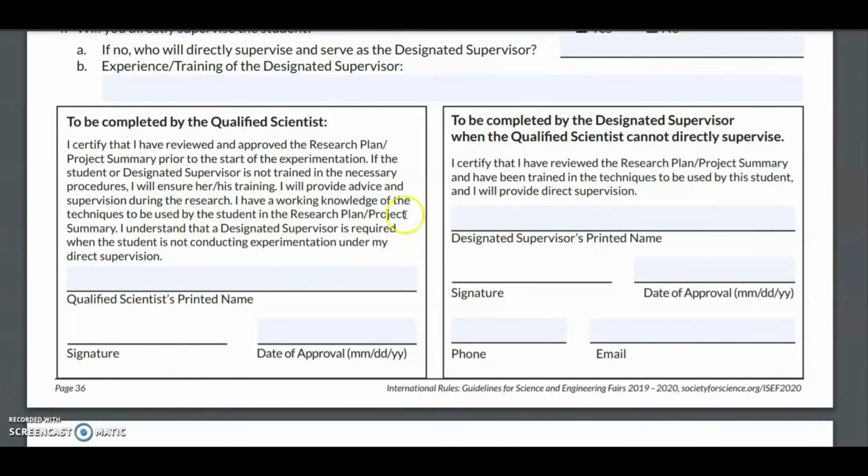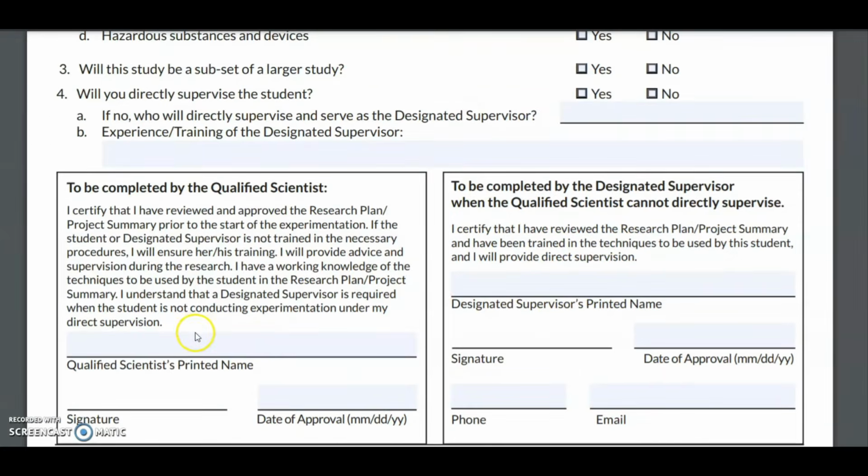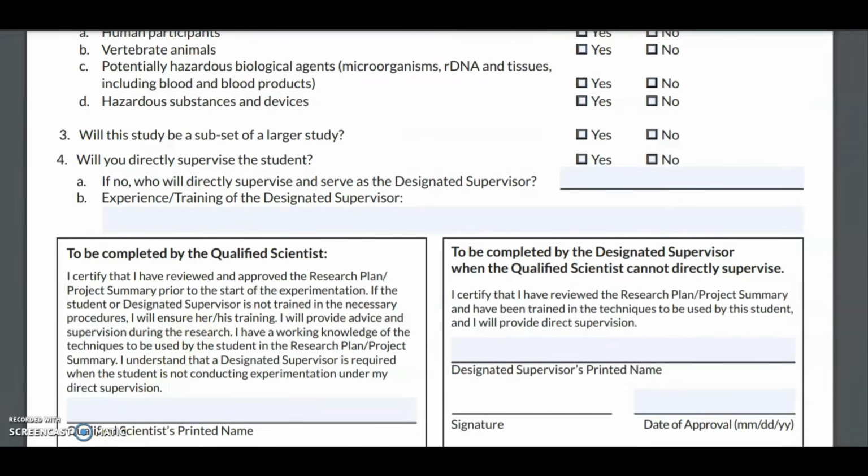So this should be completed only once. It's either the left side or the right side. The left side again is for the qualified scientist, and the right side will just be completed by the designated supervisor when the qualified scientist is not around. Okay, that's all for Form 2.